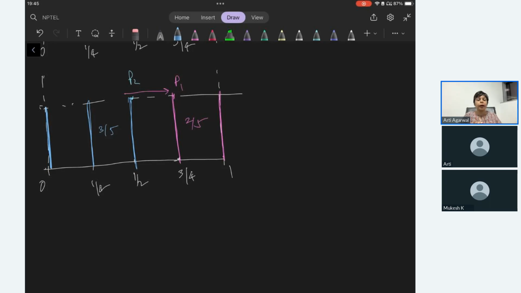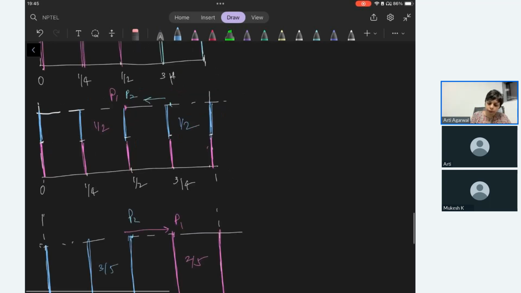And by a similar logic, if you see for player 2, because it's a symmetric problem, P2 will also not want to move to 1 by 4. He'll be like, I'm losing the game. I'm only getting the votes of 0 and 1 by 4. I'm not getting the votes of half, 3 by 4, and 1. So both the players now do not have any incentive to deviate. Okay. Let me just highlight this.